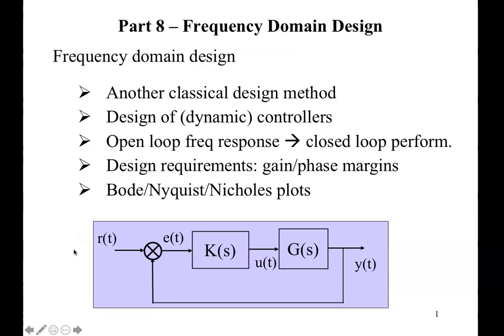In the previous part, we discussed the frequency response of a system. Basically, for different inputs of a sinusoidal signal, the steady state output of the system will be determined by the frequency of the input signal, but also by the transfer function.